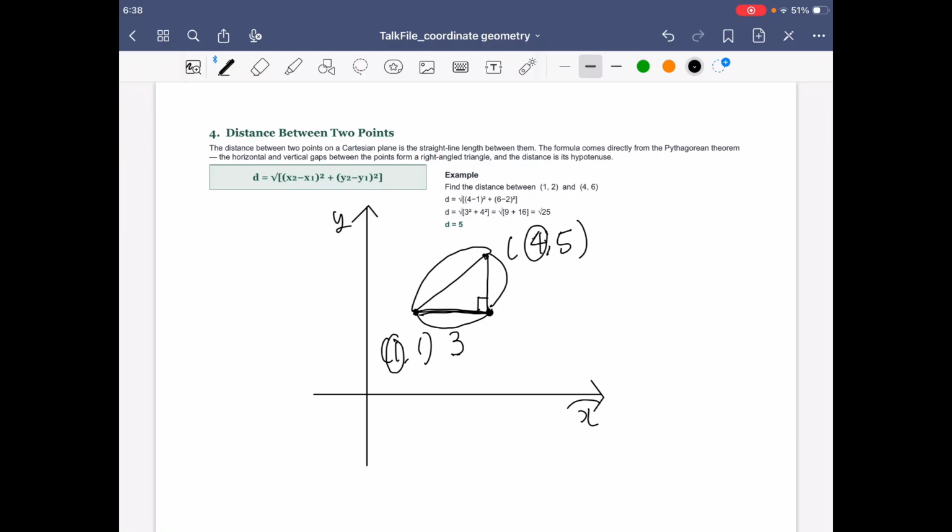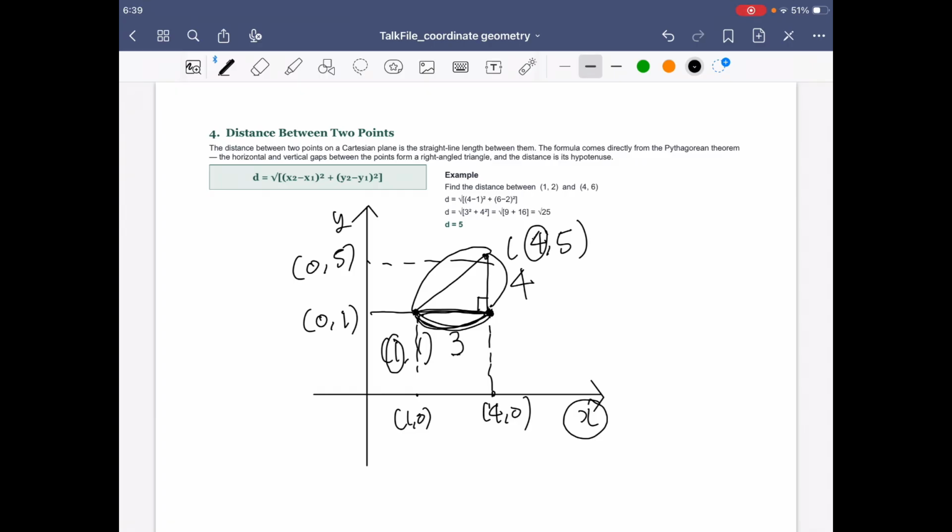Look at here, this is x-axis, and here you have 1, 0 and 4, 0. So you are using these x coordinates to find the distance between those 2 points. Same goes for y coordinates. 1 is here and 5 is here. So here it should be 4.